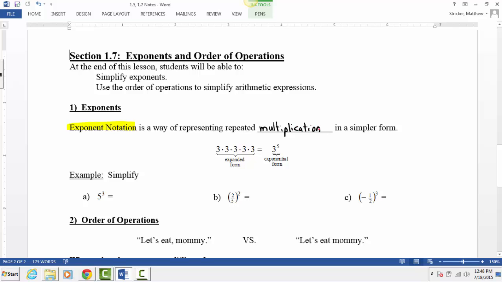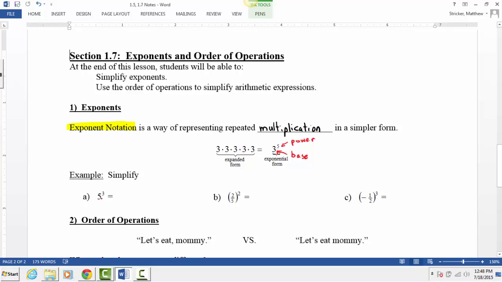For example, if I have 3 multiplied by itself 5 times, 3 times 3 times 3 times 3 times 3, that can be written in exponential form as 3 raised to the 5th power, where the 3 is the base and the 5 is the power. Just another way of writing repeated multiplication.